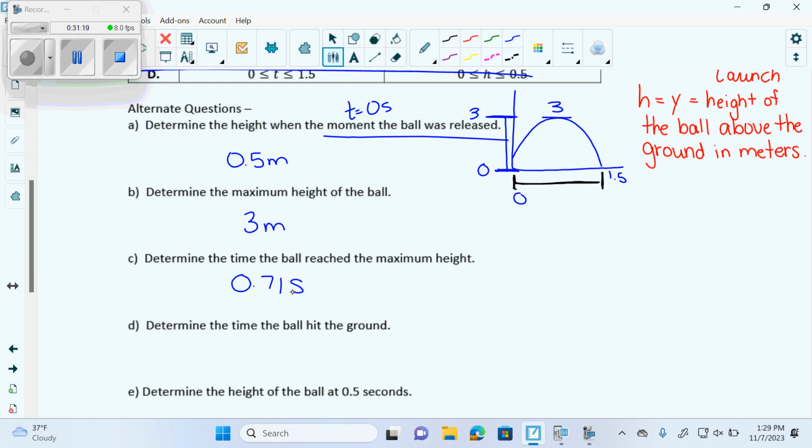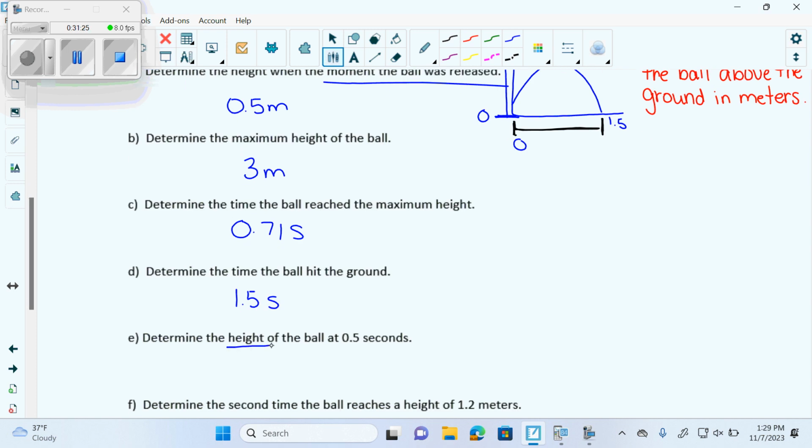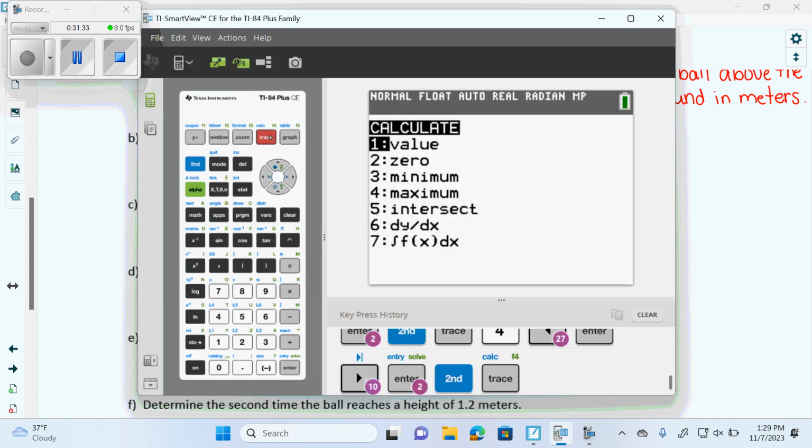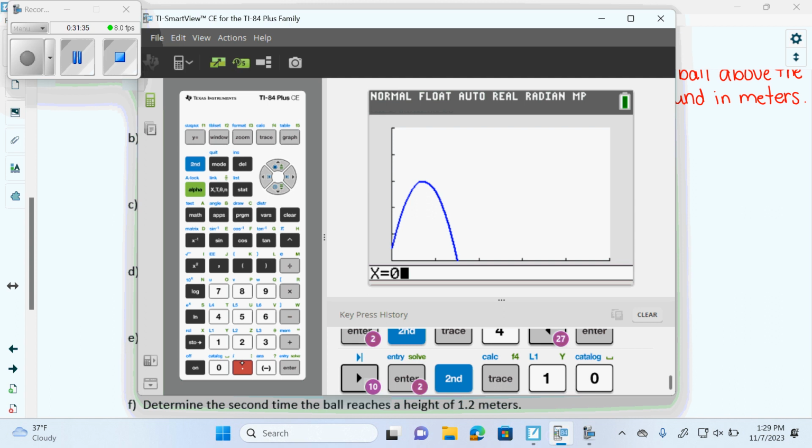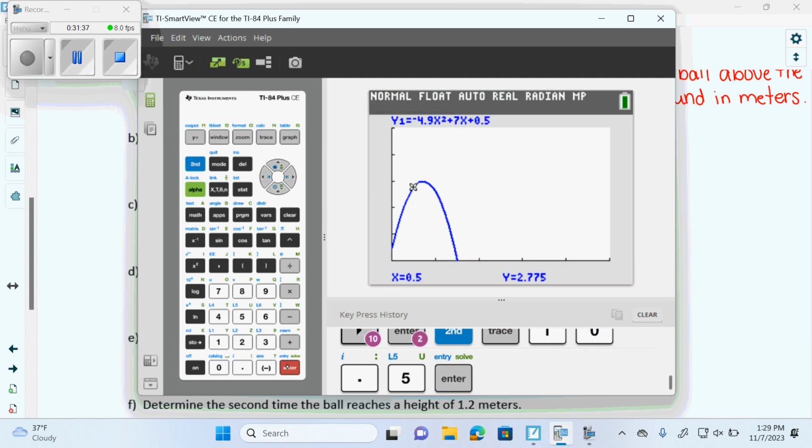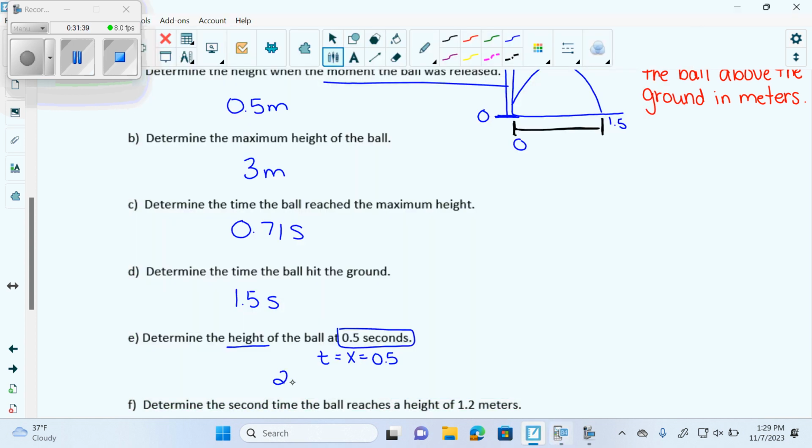Determine the time the ball hit the ground. 1.5 seconds. We already found that. Determine the height at 0.5 seconds. Well, that's time, so t equals x. So we go second trace, value, 0.5, and you get 2.775 meters.